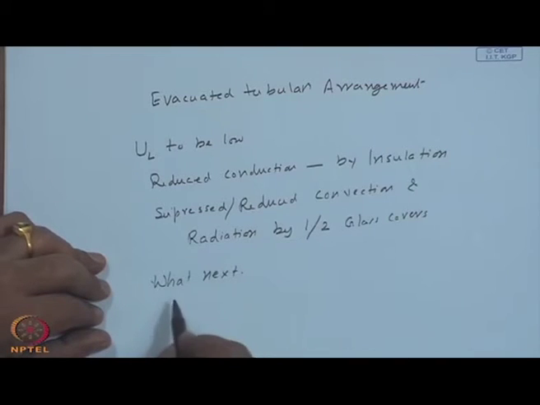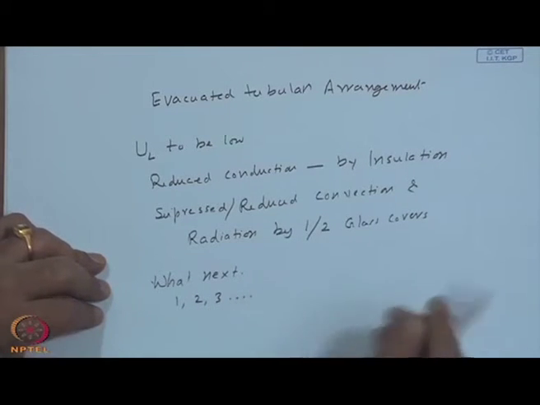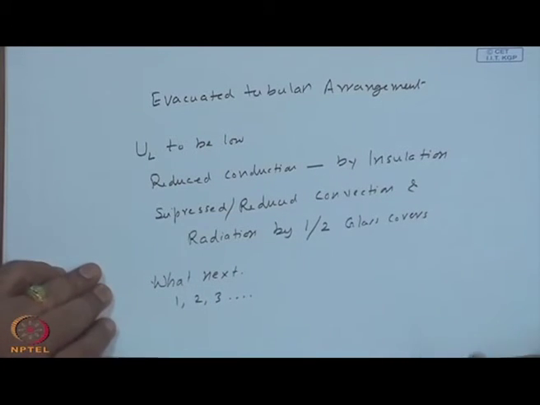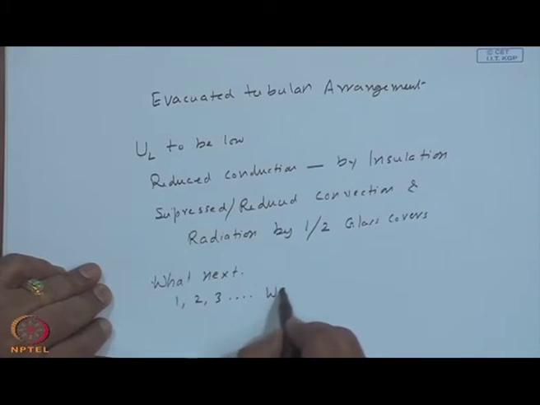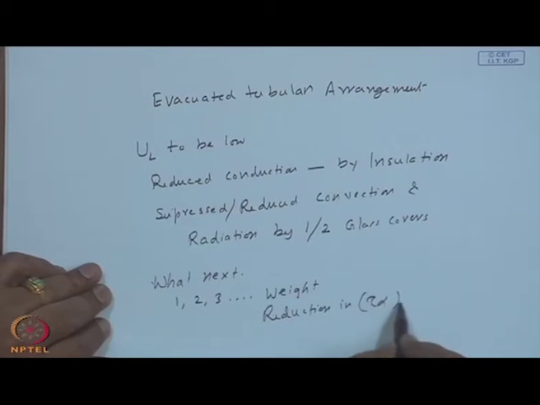Now, one can go 1 glass cover, 2 glass covers, 3 glass covers, so on and so forth, but they have their own disadvantage of weight and a reduction in the effective transmittance absorption product.